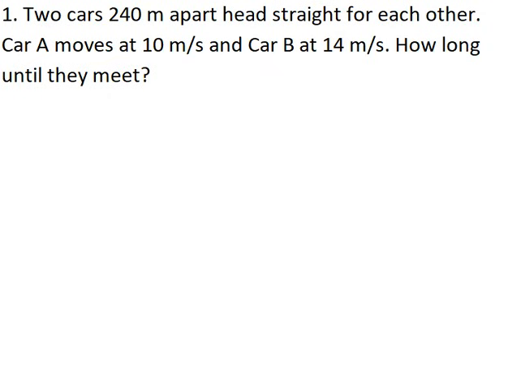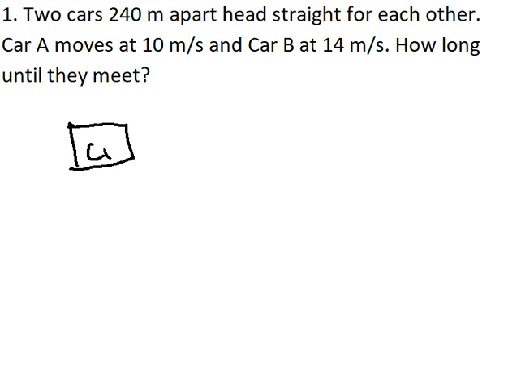So let's have some questions related to whatever I talked about here. Now let's say this is the question: two cars 240 meters apart head straight for each other. So the cars are moving like this.